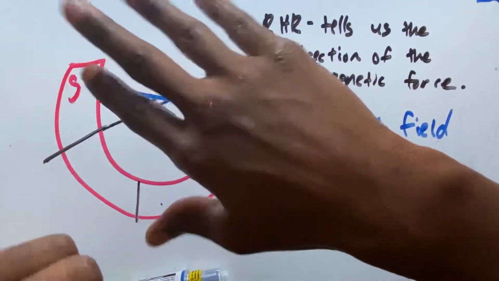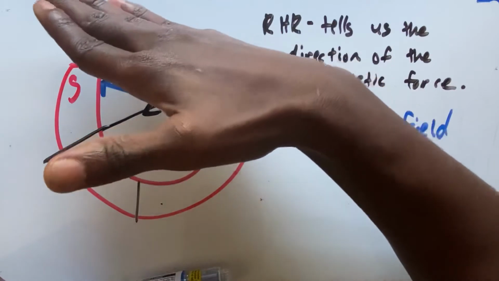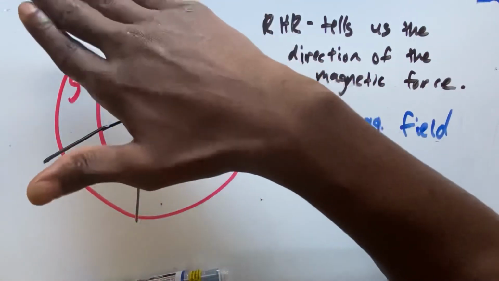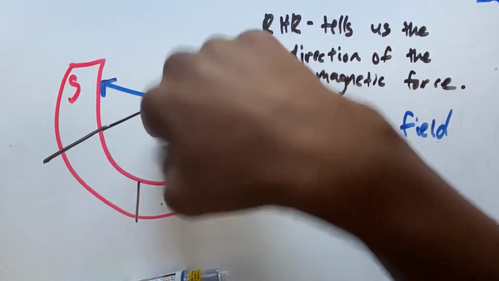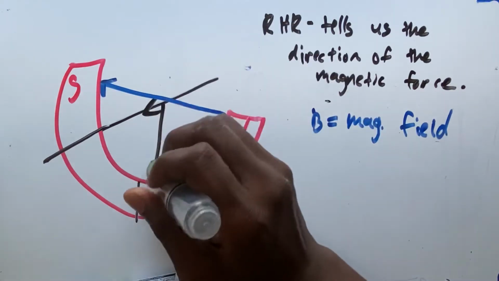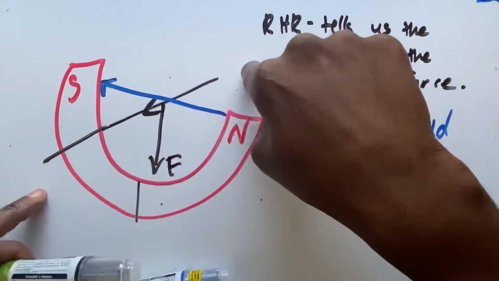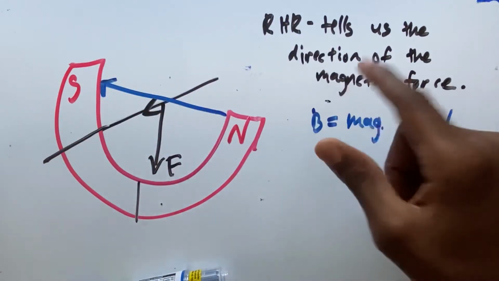My fingers represent the magnetic field going that way. And so the inside of your palm is the direction of the force. So the inside of my palm points downwards. So the force here is going to be downwards. And that basically means this wire is going to be pushed downwards due to the magnetic force.